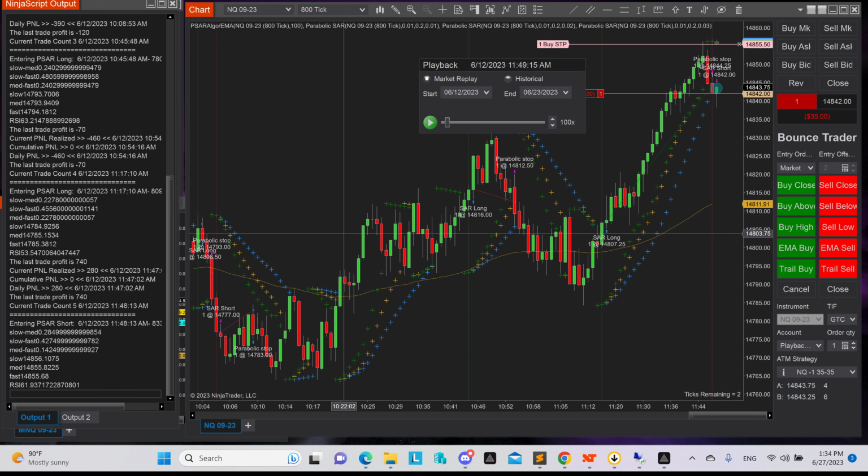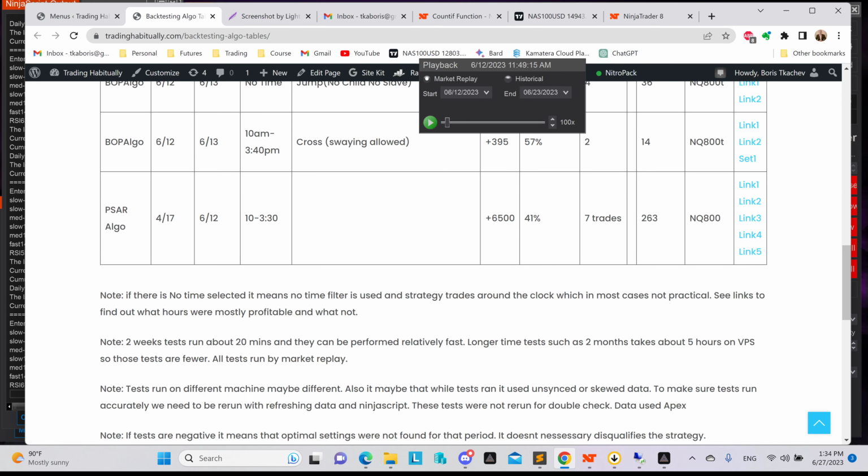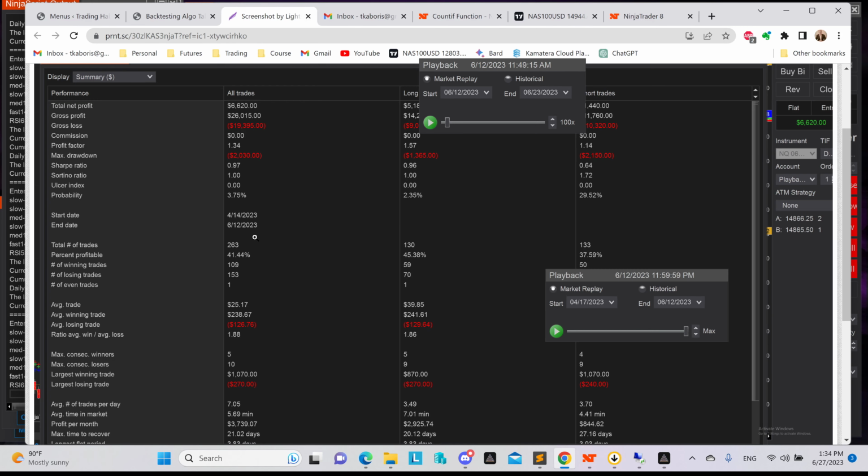So yeah, that's the strategy. It's a SAR strategy, and I may look for feedback and see how it can be improved to increase the winning percentage. I tried running it on 1,000 ticks, which is not as profitable.